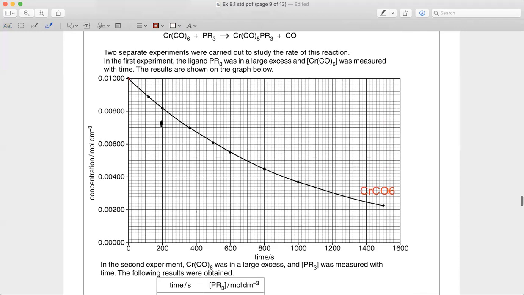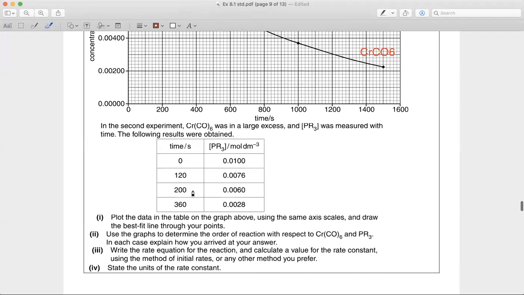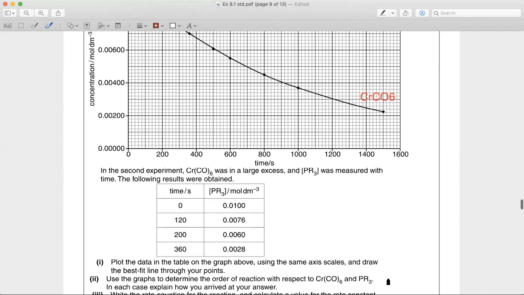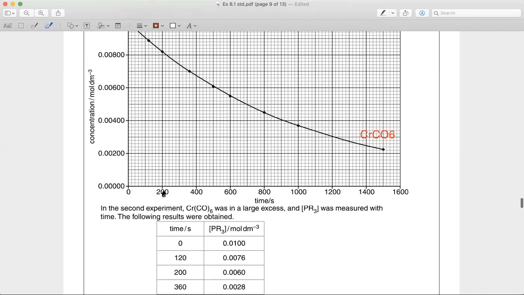Yes, can we do a straight line? It's there. Oh no, 120 should be here. And then at 200, it's 0.006, which is there.